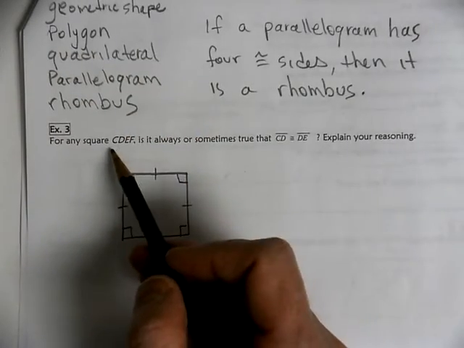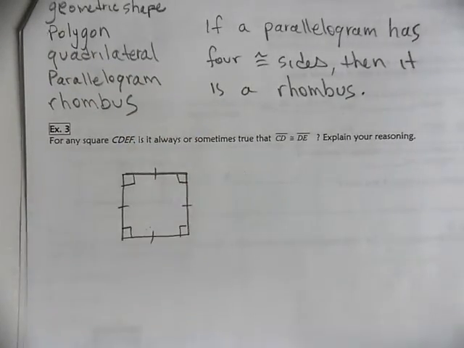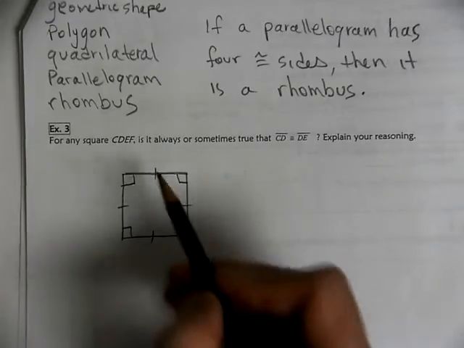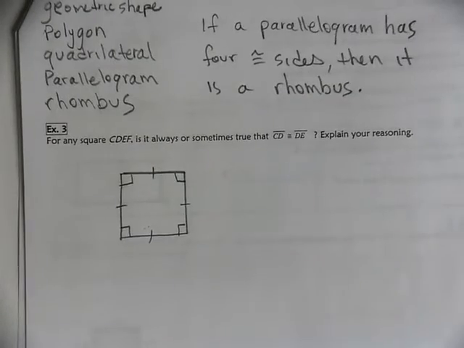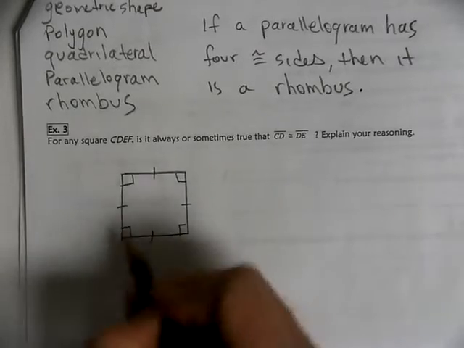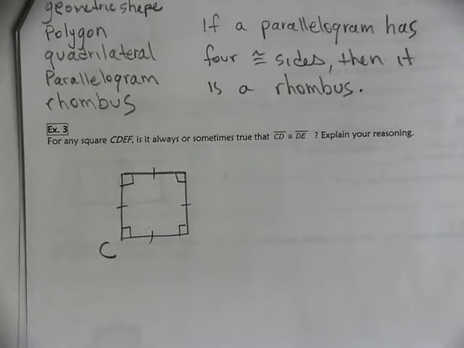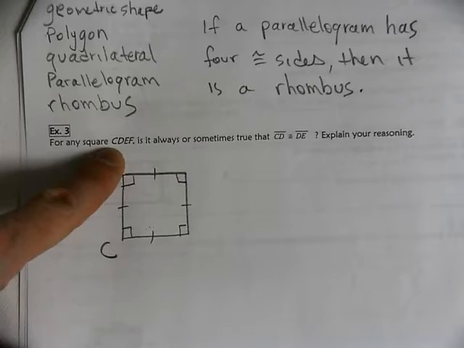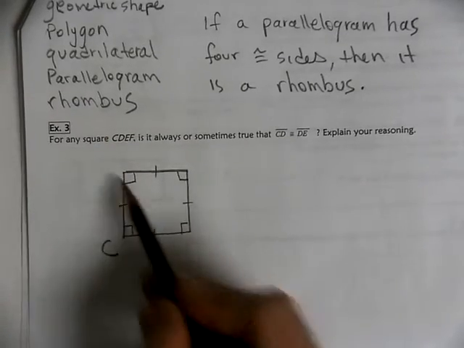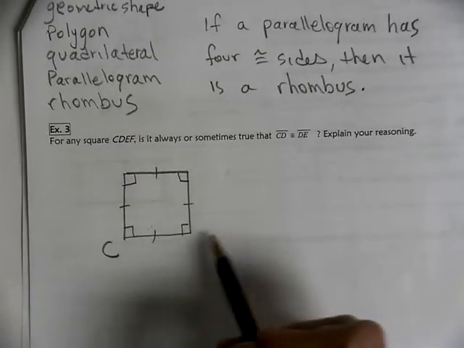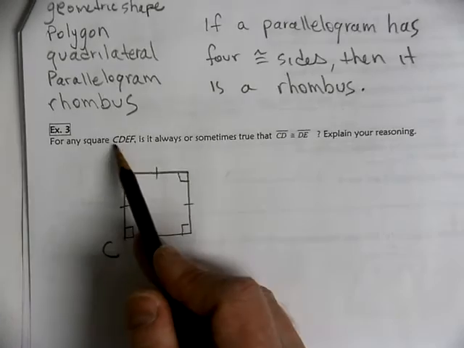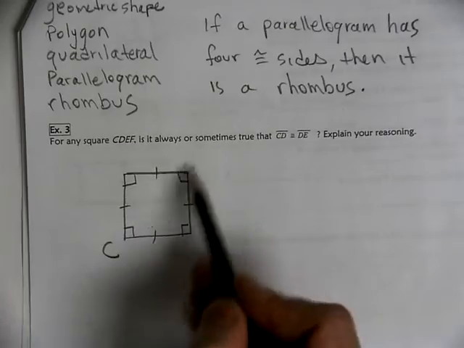Now, if we were going to name this square CDEF, you can put the C anywhere you want. It doesn't matter where you put the C. I'll put my C right here. Now, to put the D, you can put the D in either direction around it, but you cannot put the D, the second letter, across from it.